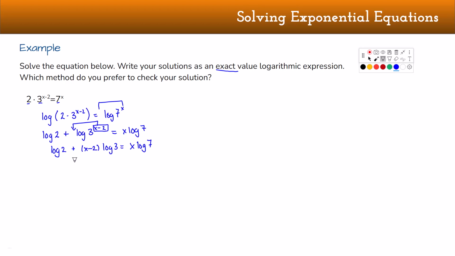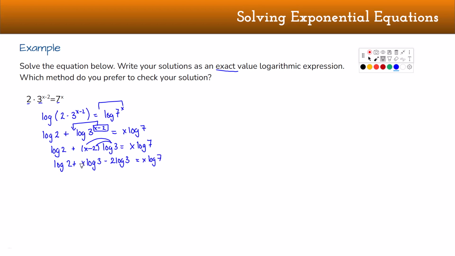So now here I have this has to be distributed through this whole thing. So I'm going to get x log 3 minus 2 log 3 right here, and I still have this log 2 right here. Now I'm going to get all my x's to one side and everything else to the other.